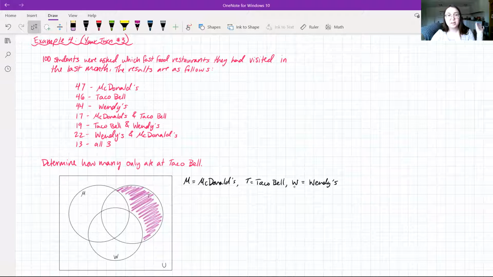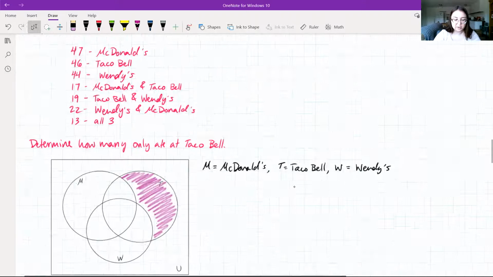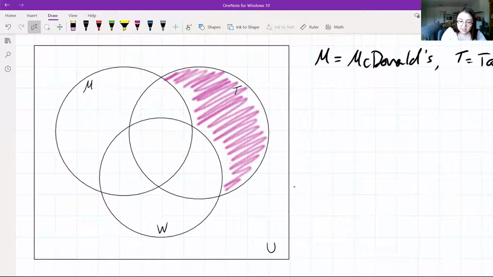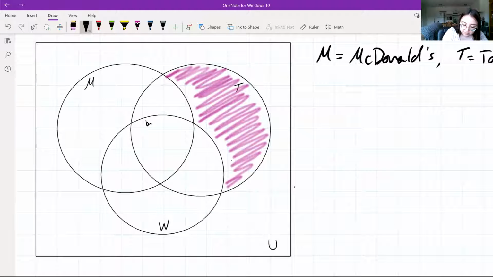So we start in the very center here. Because we see that all 3 of these circles overlap, and this is the area where they all overlap. So this is our area of all 3. And we know that this value is 13. So your center value always gets the value that it's given.